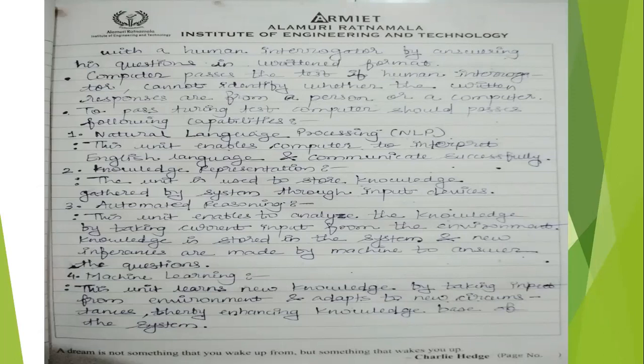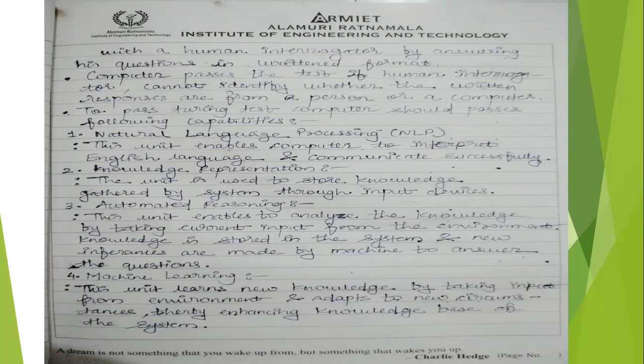To pass the Turing test, the computer should possess the following capabilities. First is natural language processing, NLP. Now this is a unit inside the computer. It enables the computer to interpret the English language and communicate successfully. Because of the natural language processing unit, the computer is able to understand the English language. Obviously, I'm talking with you in the English language. If you know English, then only you can communicate with me, then only you can understand what I'm speaking.